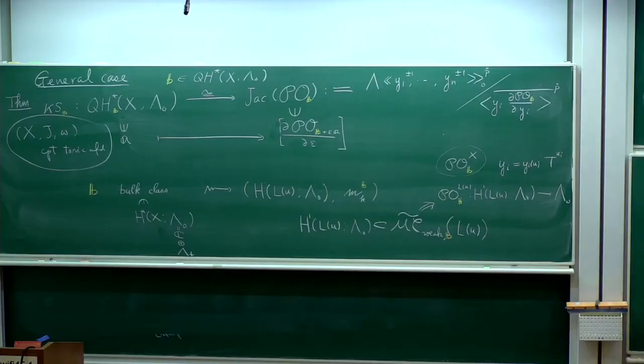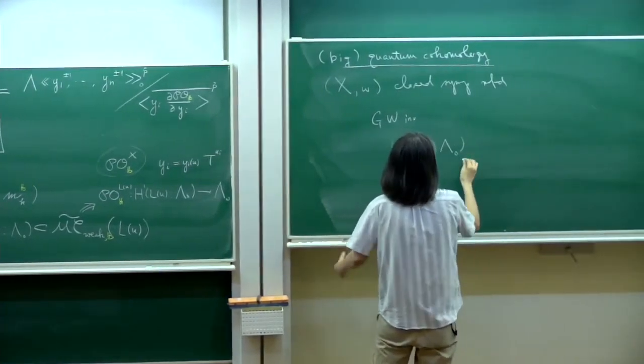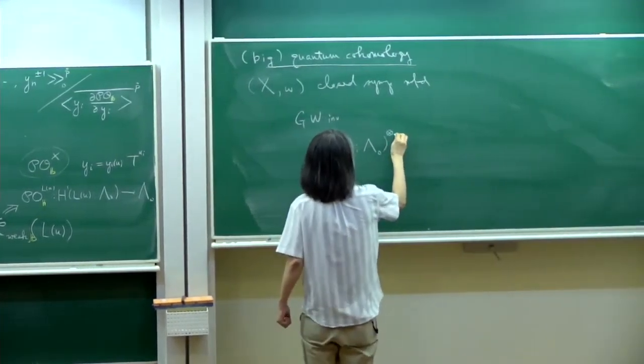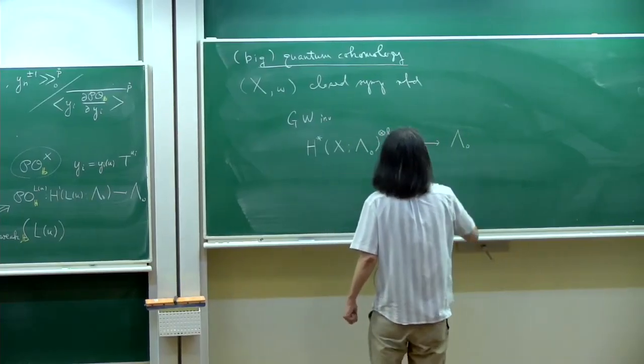Then you know the Gromov-Witten invariant. So the Gromov-Witten invariant is a mapping from H star of X. Maybe in our case I also take Lambda 0 tensor, I don't know, L to this Lambda 0.